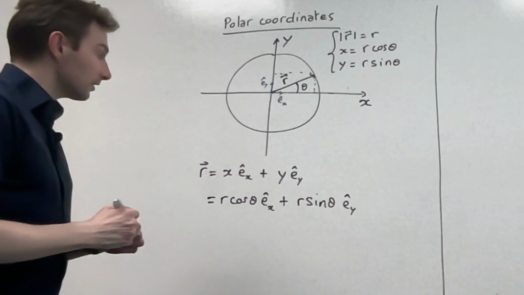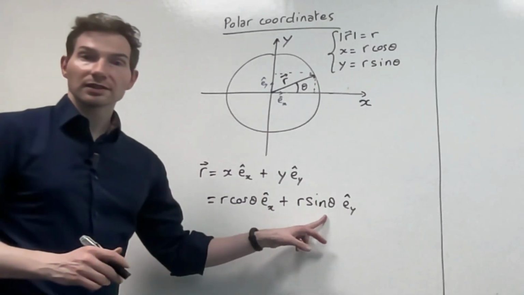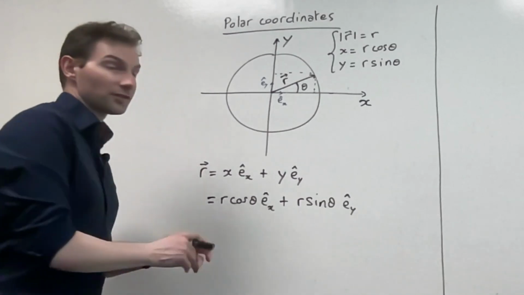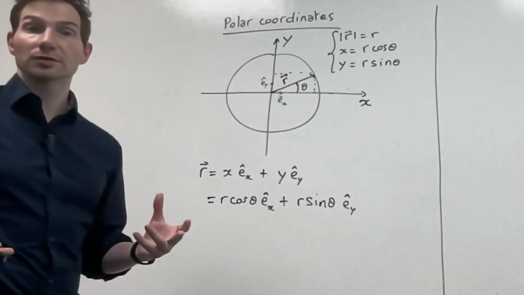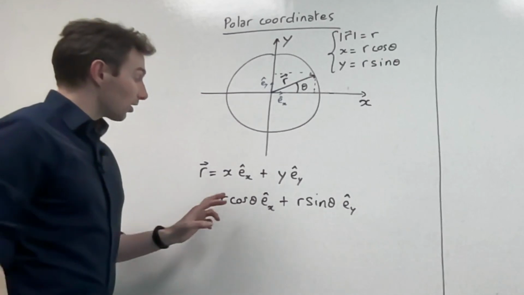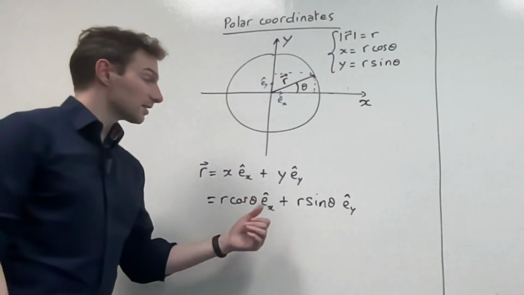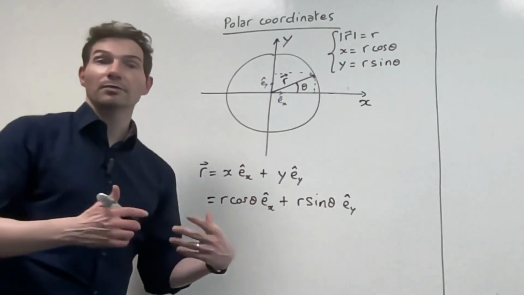Okay, so again, this is a sort of intermediate expression where you express the position vector, or whatever vector field you would consider, in terms of a new system of coordinates, but still in the old basis.